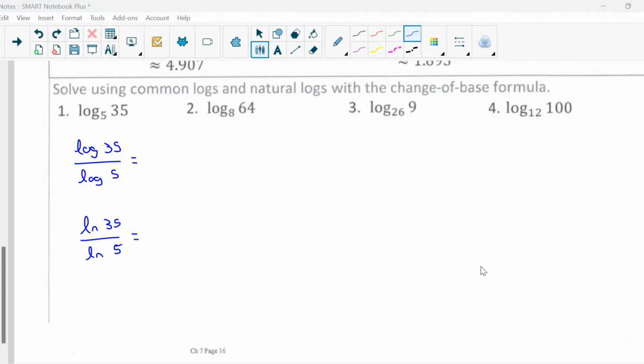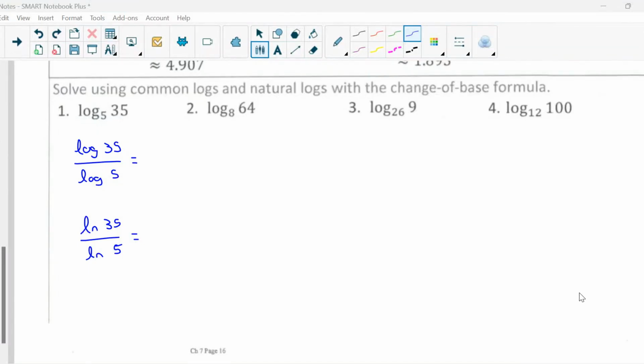Okay? So using a calculator, we are going to see real quickly that both of them will work and will give us our solution. There we go. Okay, so in my calculator, if I was to take log of 35 divided by log of 5, I'm going to get 2.209.